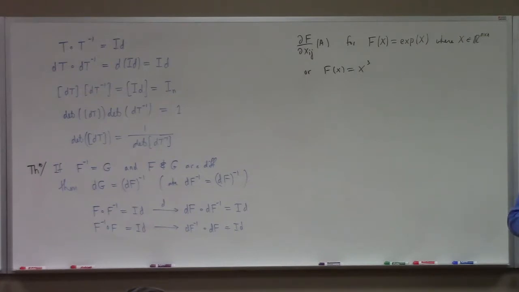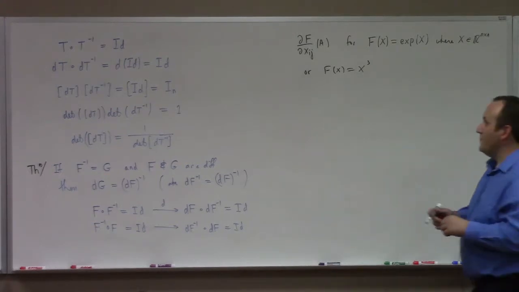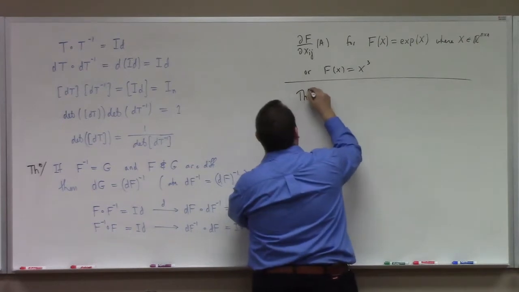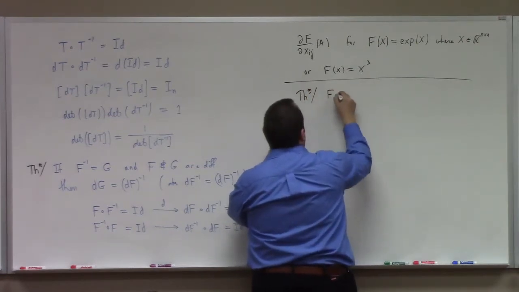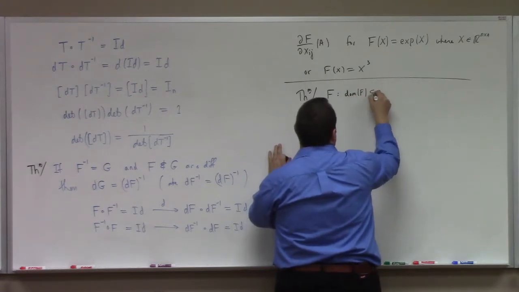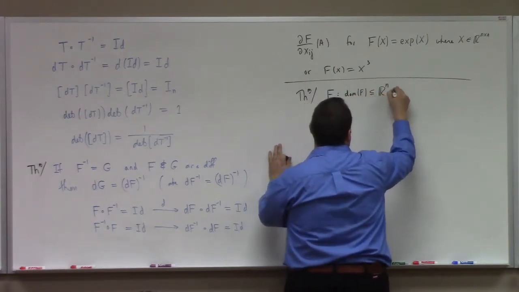So what I wanted to invite you guys to think about together with me is we've proved the theorem for R^n to R^m, right? Let me remind you guys what that theorem is. Theorem: we have f, domain of f a subset of R^n, to R^m.